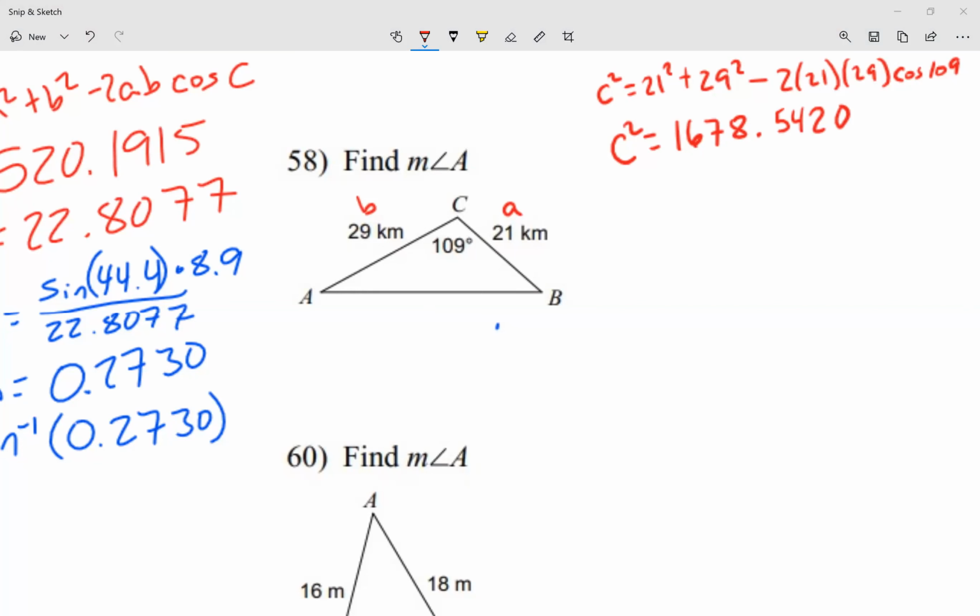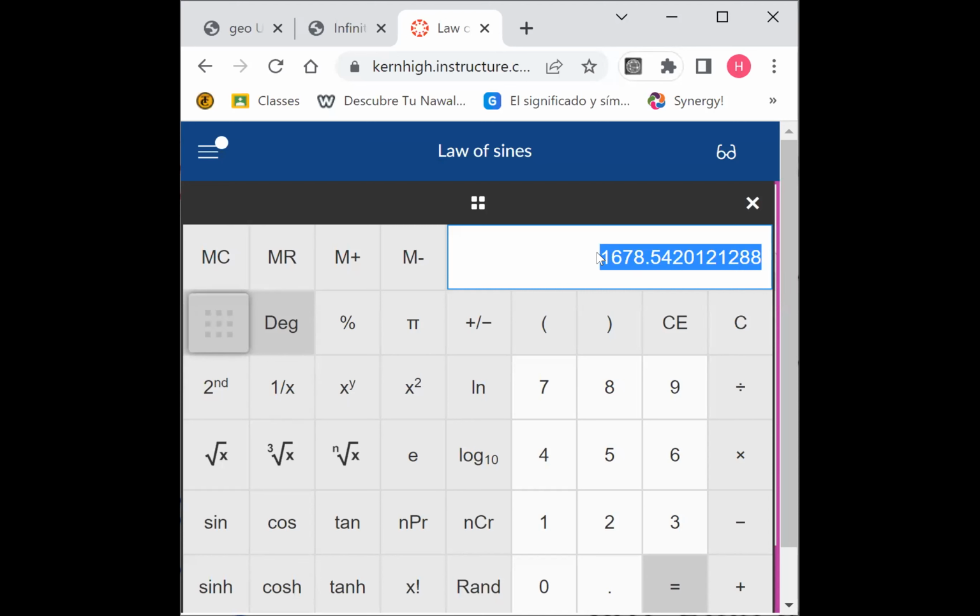Let me do the square root of that. 78.5420.